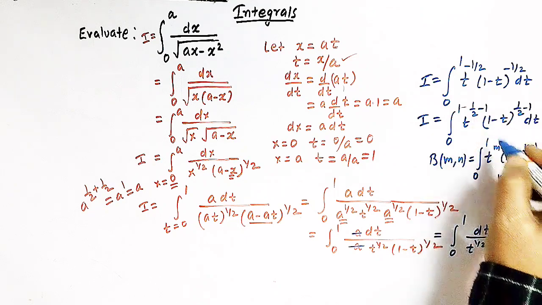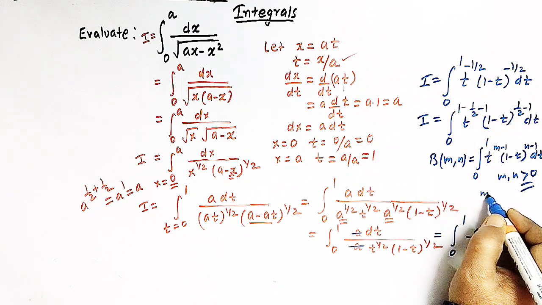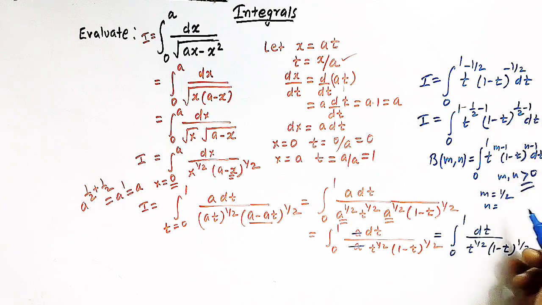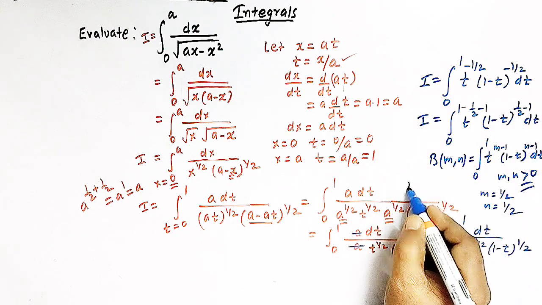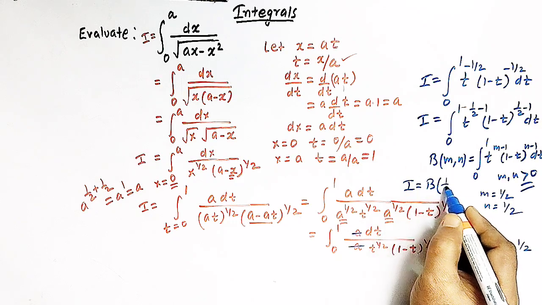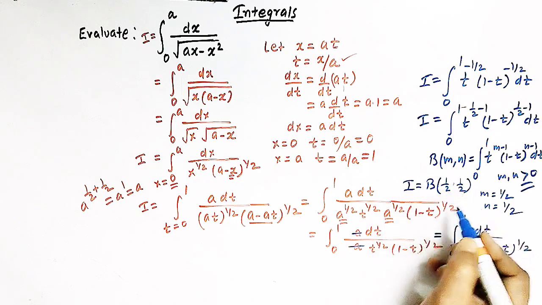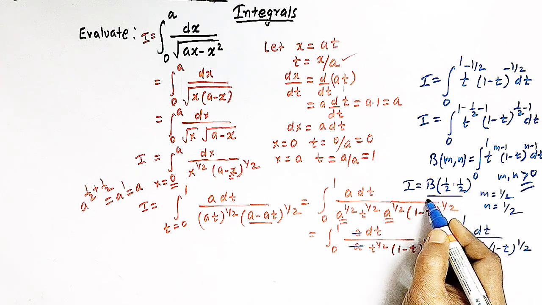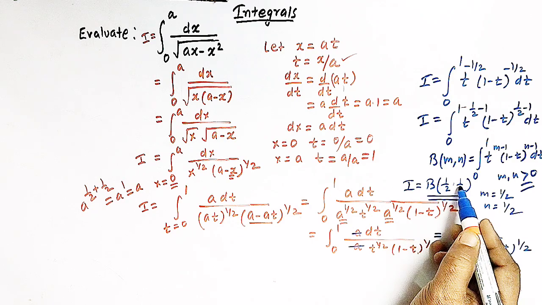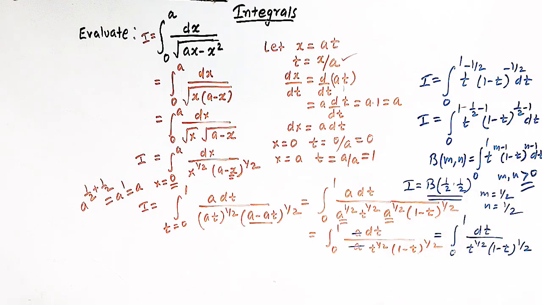So if we compare both these integrals, then the value of m is half and the value of n is also equal to half. So this integral I is now equal to the beta function, that is beta half comma half. So now we have to find out the value of this expression, that is the beta function, using the relation between beta function and gamma function.